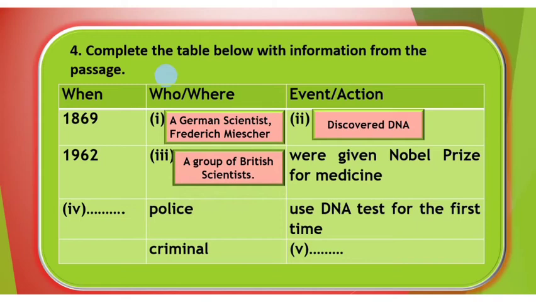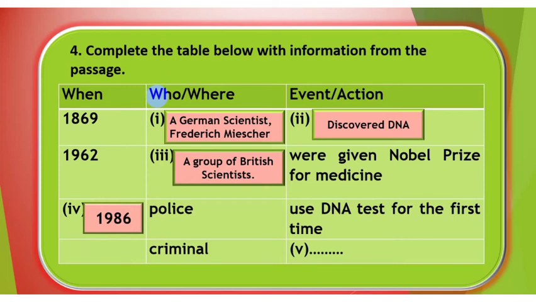So, this is the answer. Then in the fourth question, when did police use the DNA test for the first time? We know that it's, what time is it? Yes, it is 1986. So, our answer will be 1986.